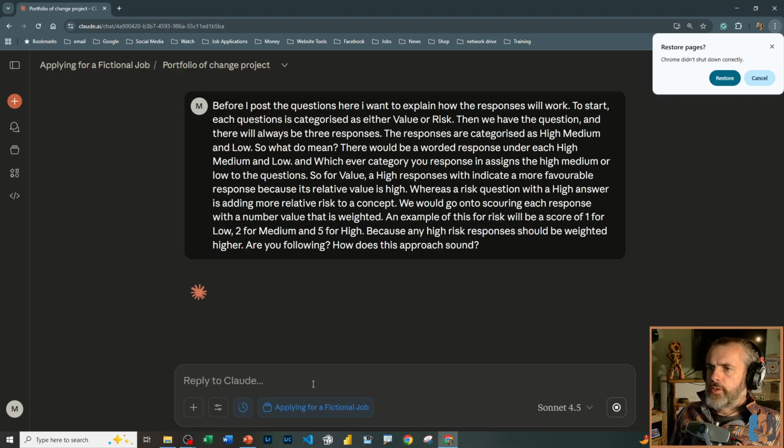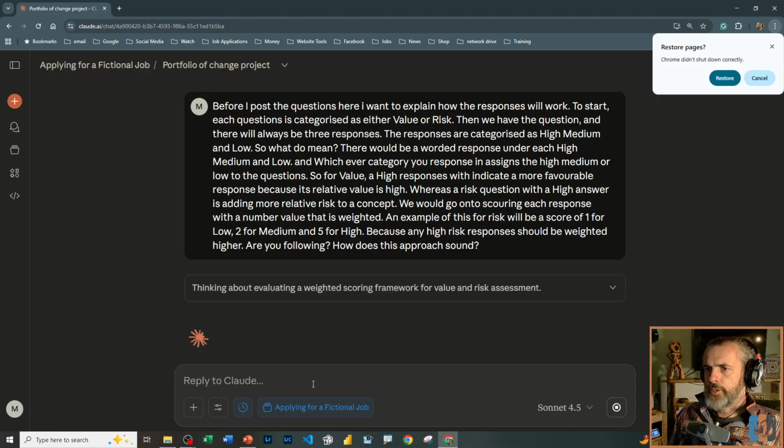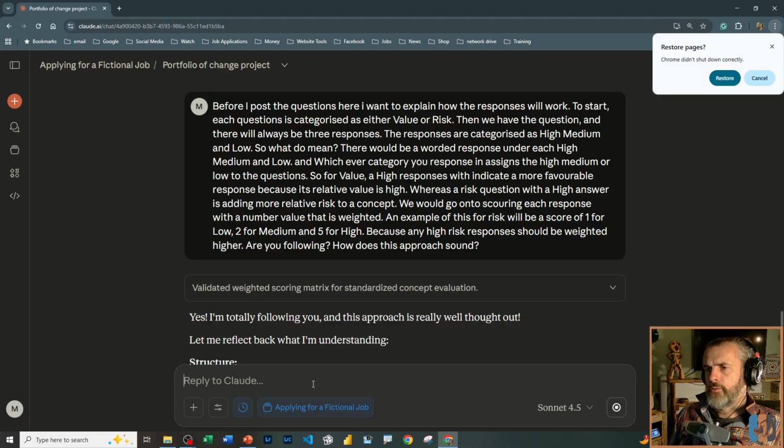Before I post the question here, I want to explain how the responses will work. To start, each question is categorized as either value or risk. Then we have the question, and there will be three responses. The responses are categorized as high, medium, or low. There would be a worded response under each. Whichever category you respond in assigns a high, medium, or low to the question.